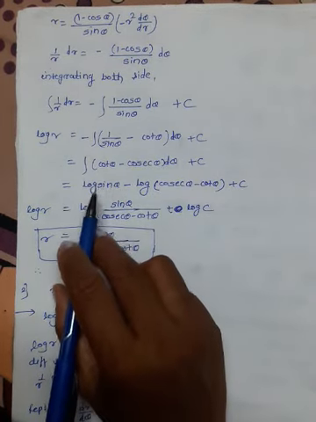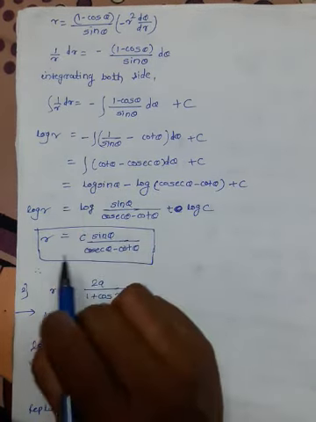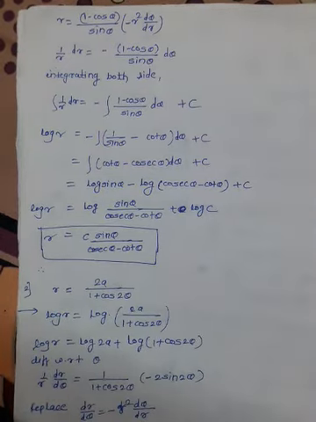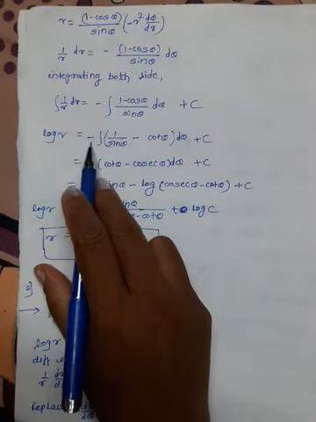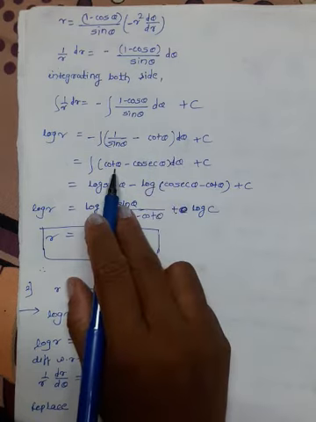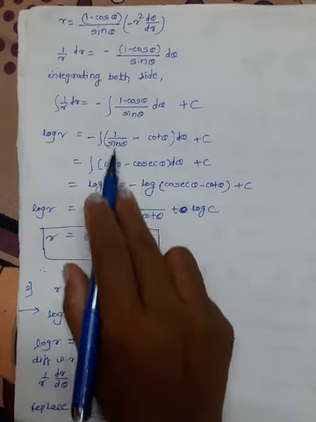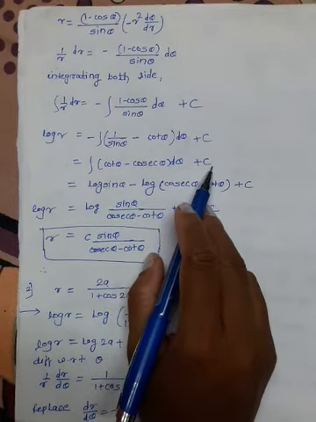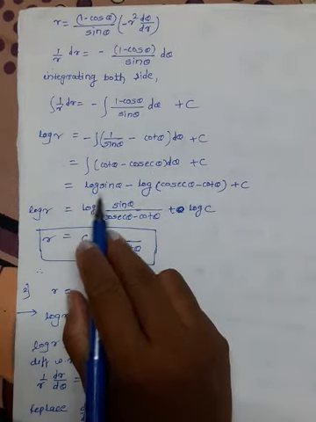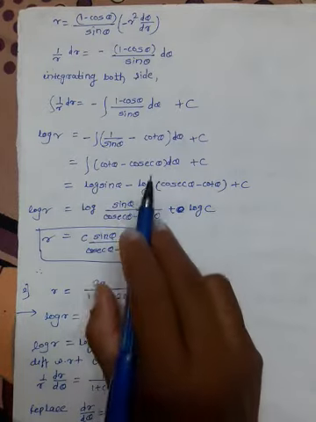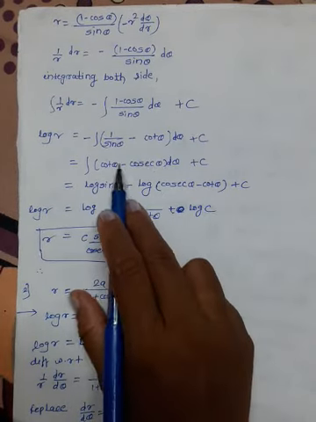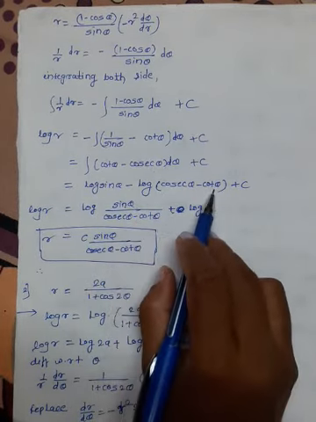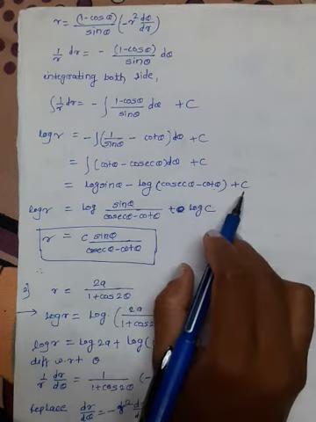Now take this minus inside: cot theta first, minus 1 upon sin which is cosec theta, d theta plus c, the integration constant. Now the integration of cot theta is log of sin theta, this is the formula, and the integration of cosec theta is log of cosec theta minus cot theta, plus c as it is.